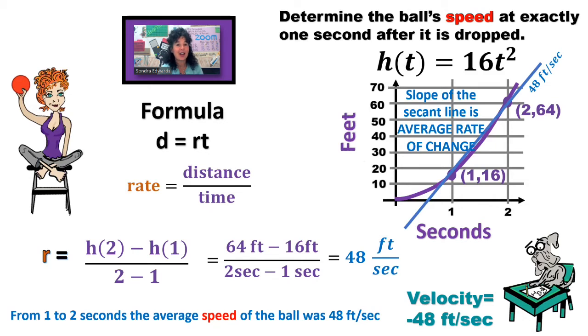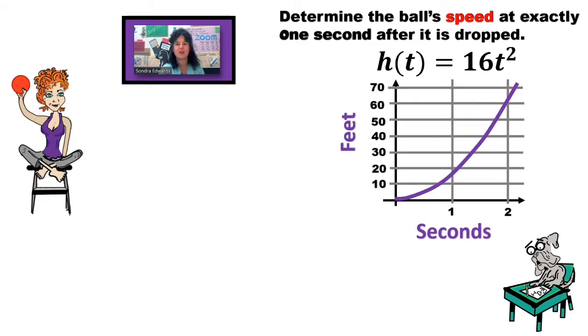All right, keeping our eye on the ball, we're trying to find the speed of the ball at precisely 1 second. We currently have fixed that point, 1 comma 16.